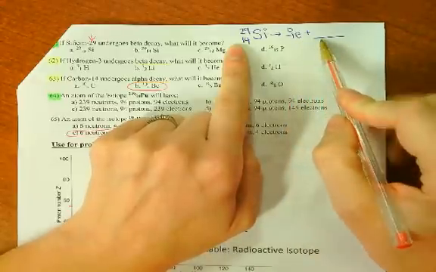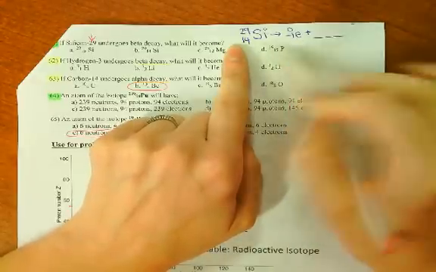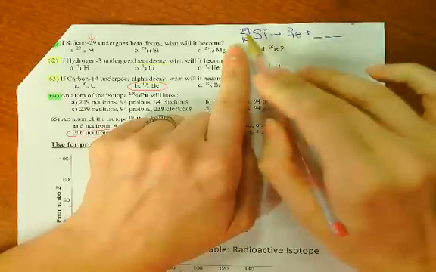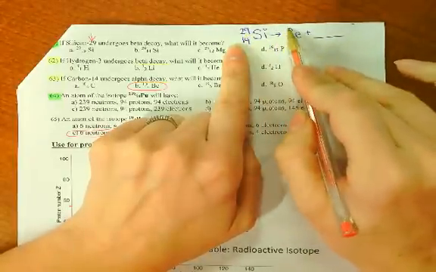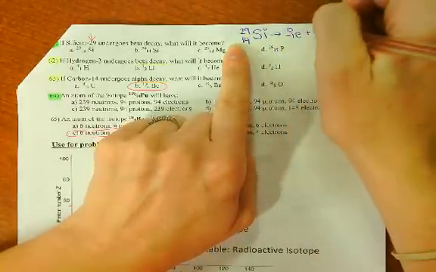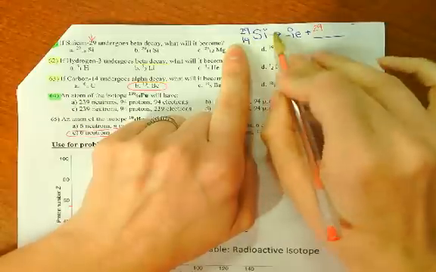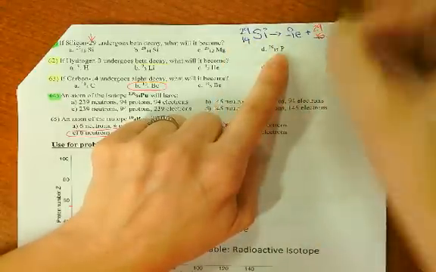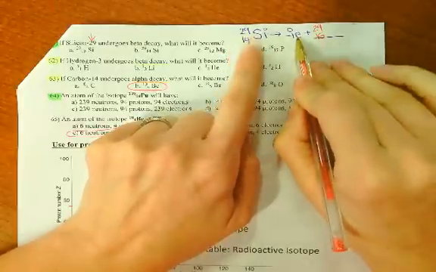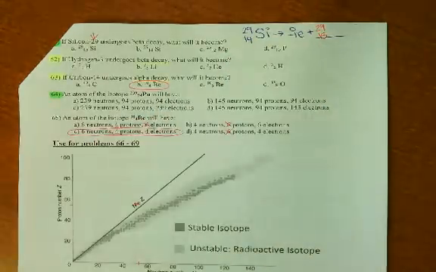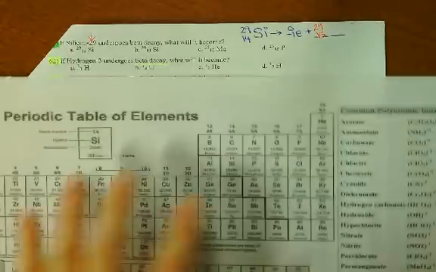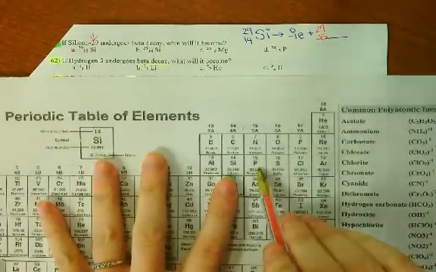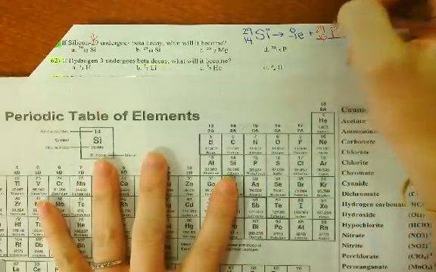Whew, that is a hard problem, because you need to write it and then solve it. So 29 equals 0 plus 29. 14 equals negative 1 plus 15. 15 minus 1 is 14. And element 15 on the periodic table is phosphorus, P. Okay?